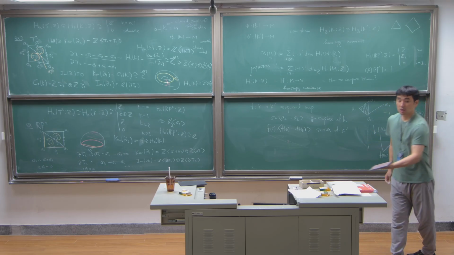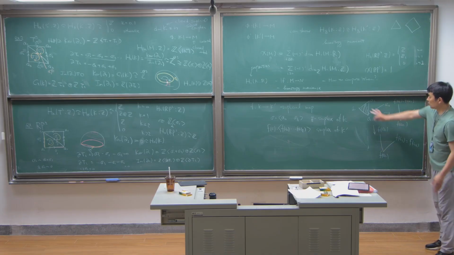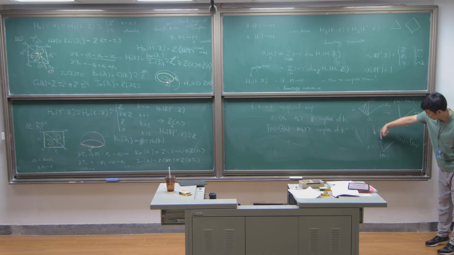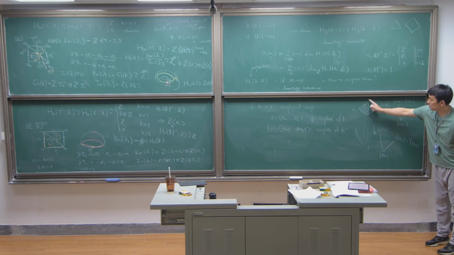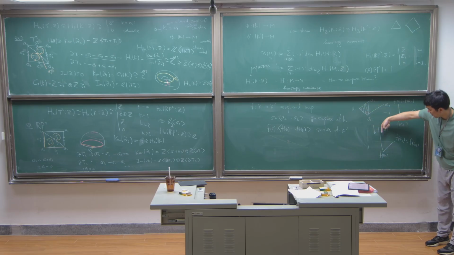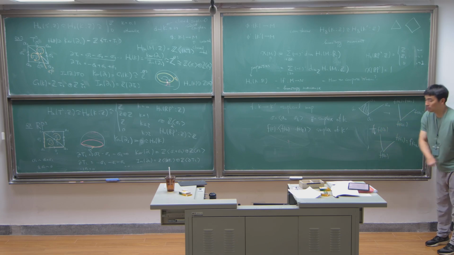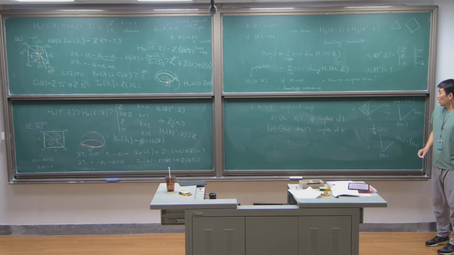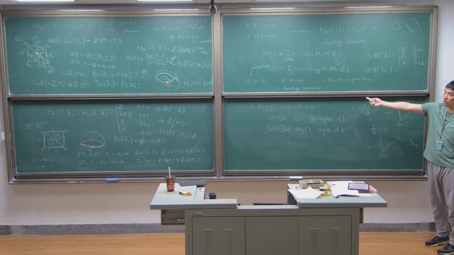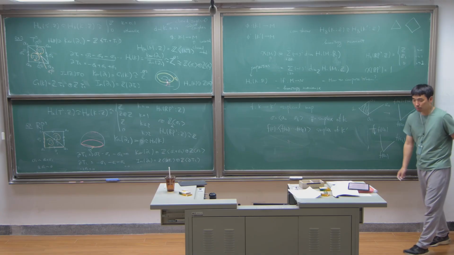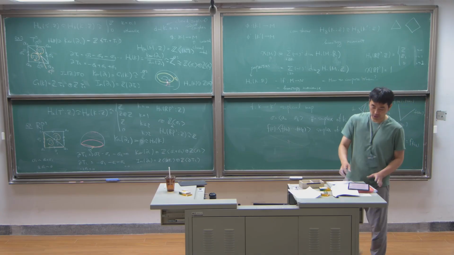If you look at this one, this triangle is mapped to these two lines, two simplexes. That's not allowed, so this is not a simplicial map. We will say something about how this F induces a map at the level of homology groups in the next lecture.